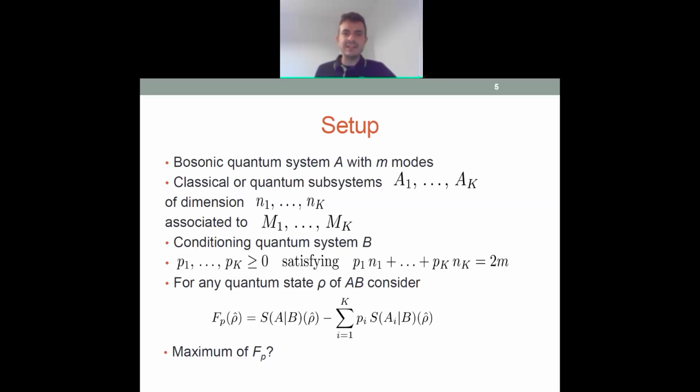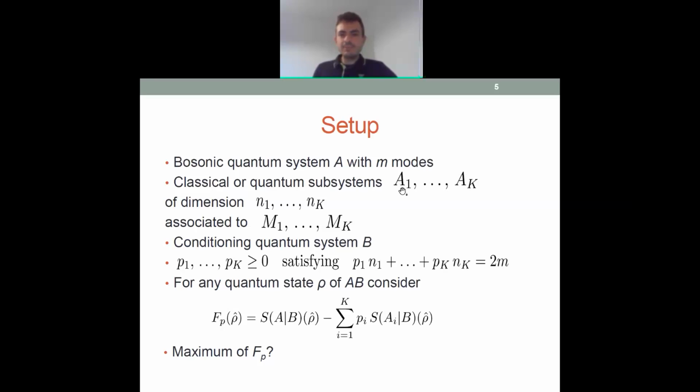But now, contrarily to what was happening in the previous slide, A will not in general be the union of the subsystems, and these subsystems are allowed to be overlapping. So there may be quadratures that belong to more than one of the subsystems.